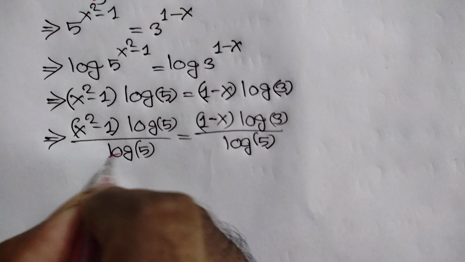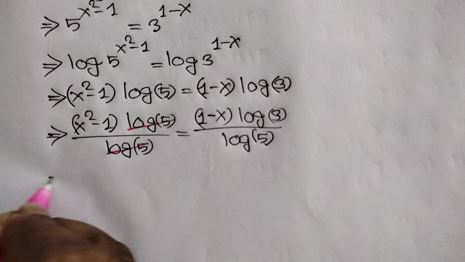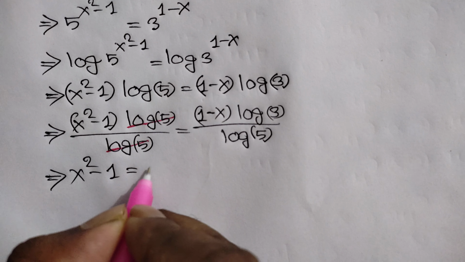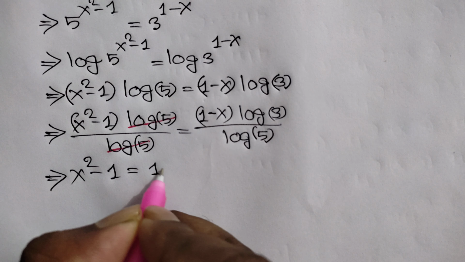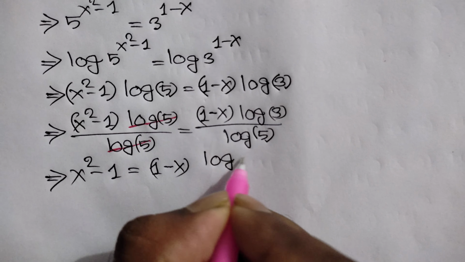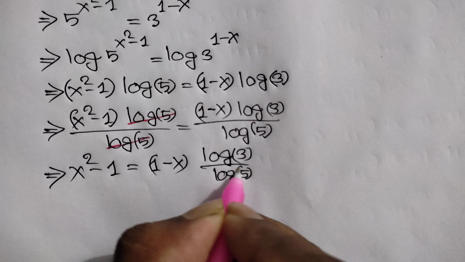Now this log of 5 cancels out this log of 5, so here we will get x square minus 1 is equal to 1 minus x times log of 3 over log of 5.